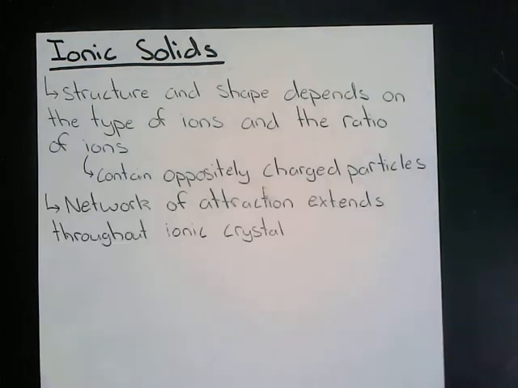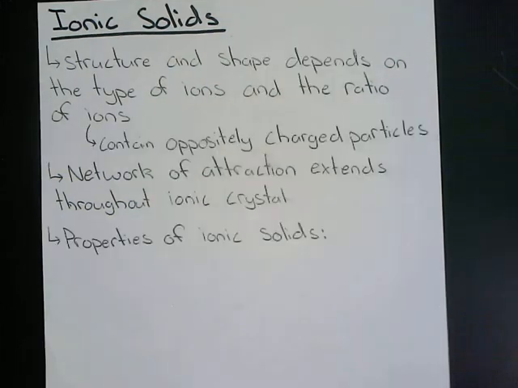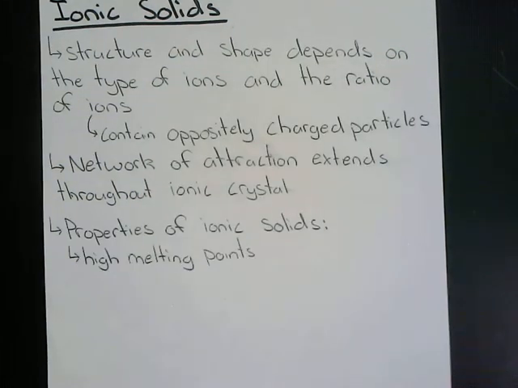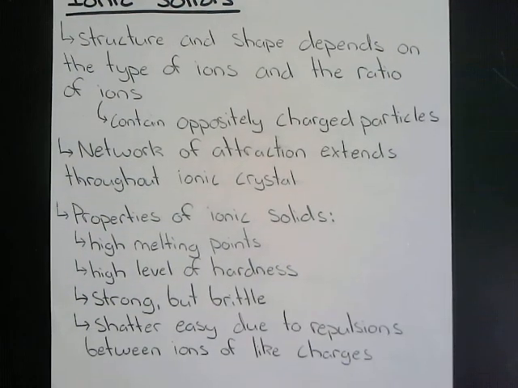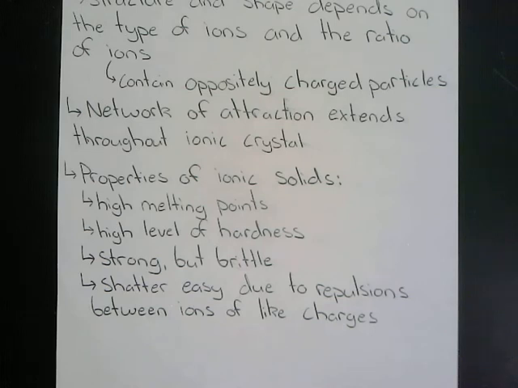Properties of ionic solids include high melting points, high hardness, and being strong but brittle. They can shatter easily due to repulsions between ions of like charges. This causes the cations and anions to be shifted from their fixed positions when an ionic solid is shattered.